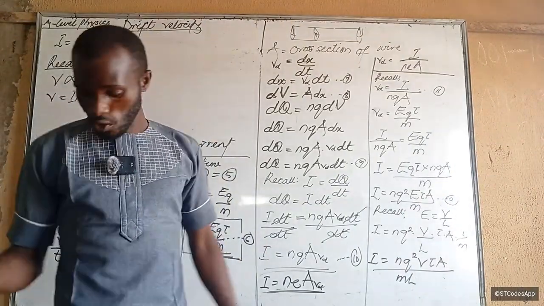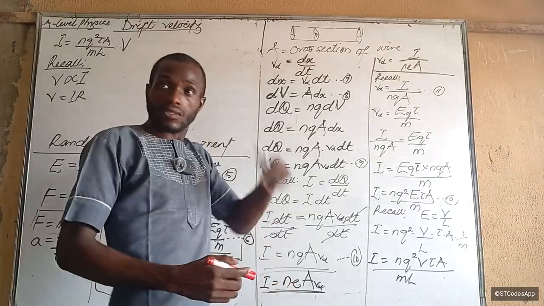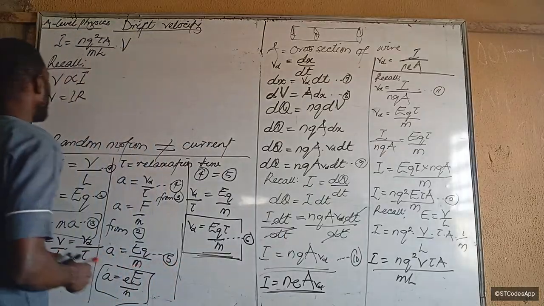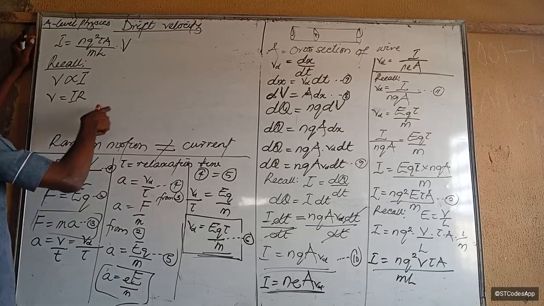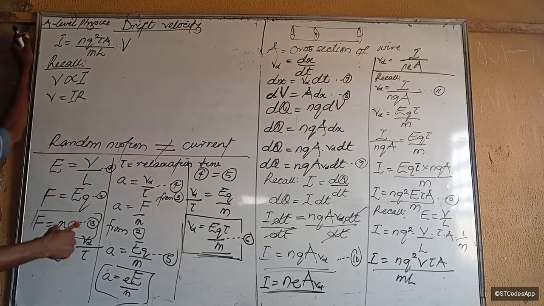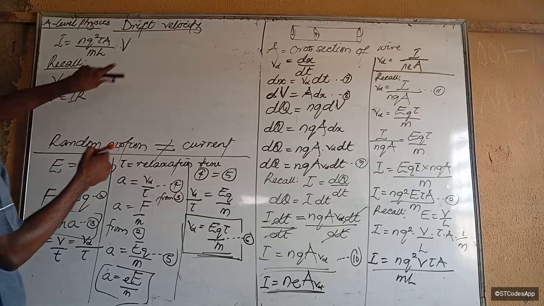Every metallic conductor has its own degree of resistance. But what changes, with the resistance kept constant, is that the voltage is directly proportional to the current. So if that's the case, then I can bring in something here.